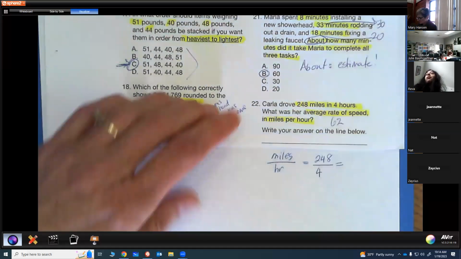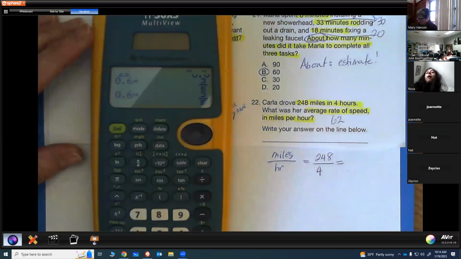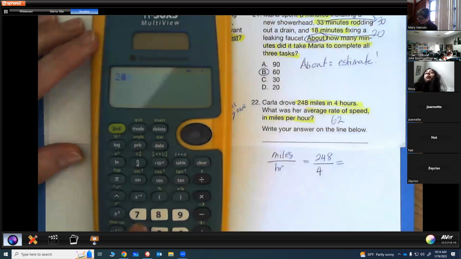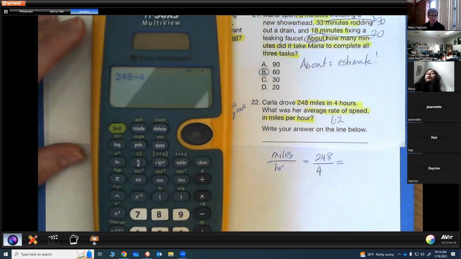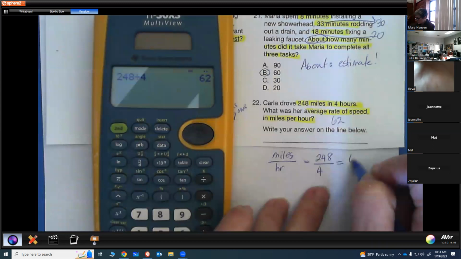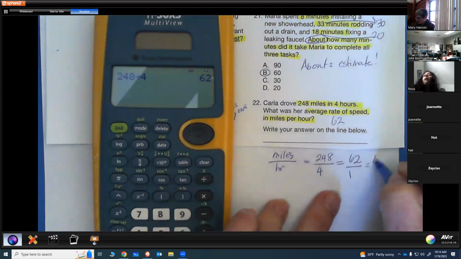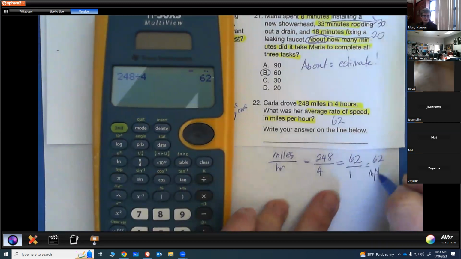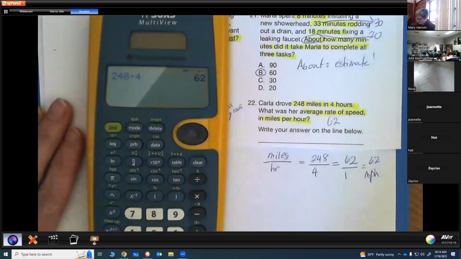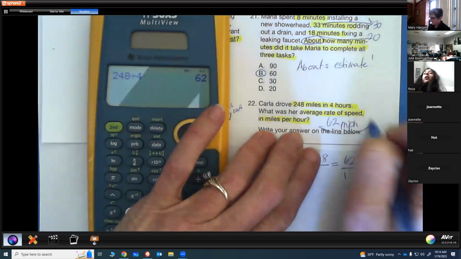If you have the calculator on the test at this point, you can literally just plug in 248 divided by 4 hours, because basically we're going to want to break up those miles into 1 hour increments. And that gives you 62 over 1, which is really just 62 miles per hour. And so I would agree with your answer. Good job.